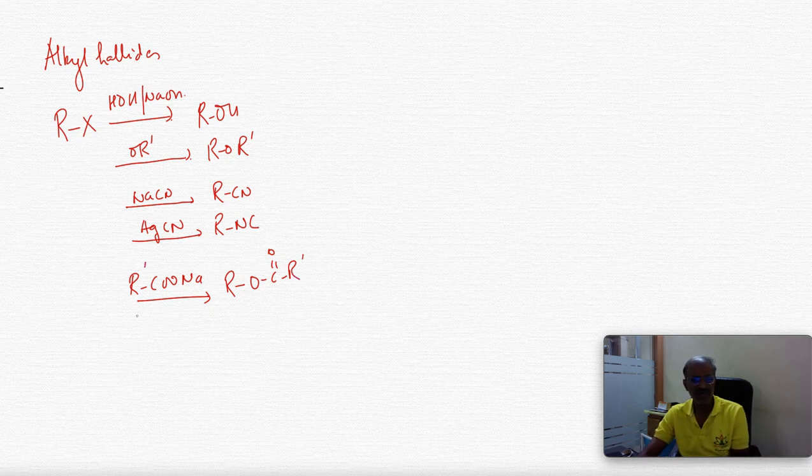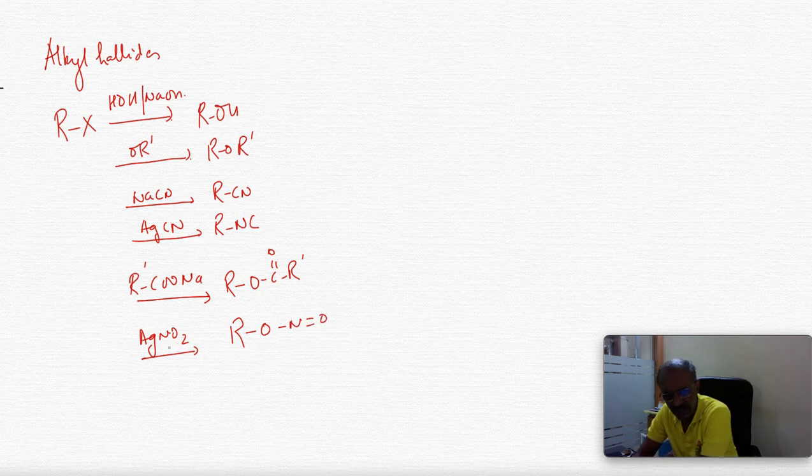Now similarly, if HNO2 is there, then NO2 comes into the picture, O dash and double bond O, because NO2 is an ambident nucleophile. Similarly CN is also an ambident nucleophile, right?